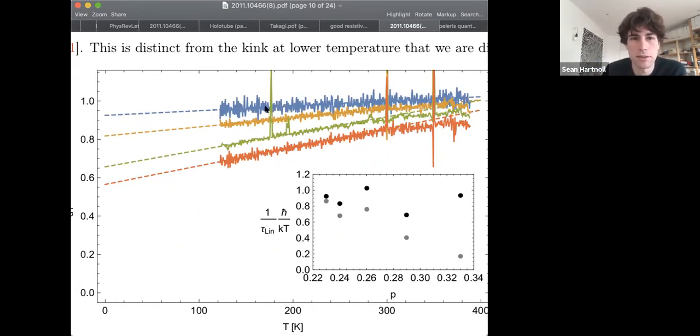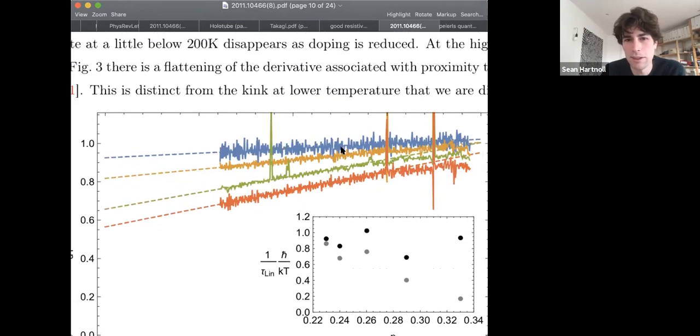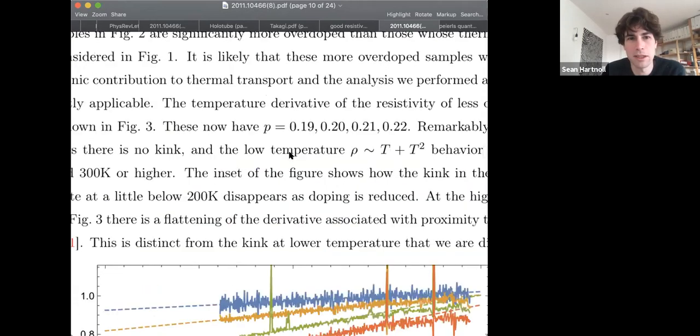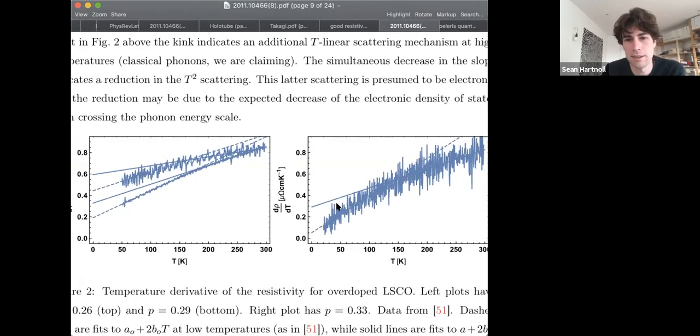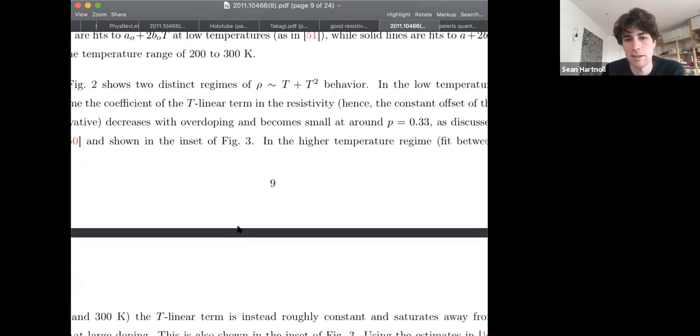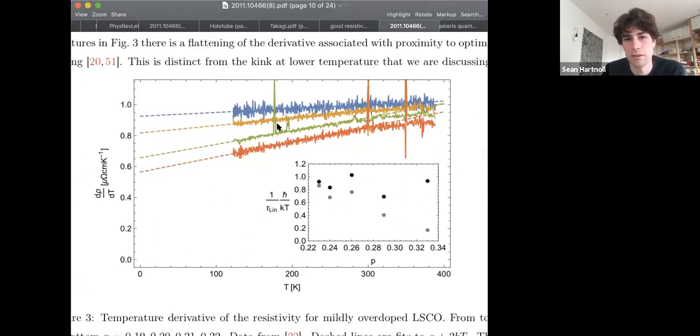But by the time you get, this is literally optimally doped, or 19, I think, and there's just no feature. So there is something that goes away. It's definitely just true that there's a clear feature here, and it's definitely not there once you get to optimal doping. This is close to 0.19, I think.